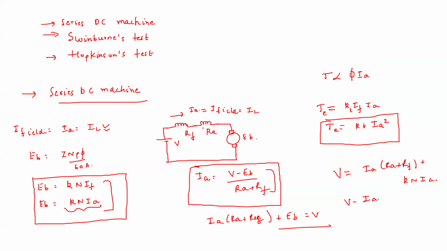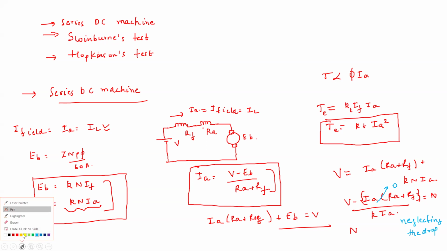So what about speed? If I derive the speed expression, neglecting the drop, we can see that the speed is inversely proportional to IA.